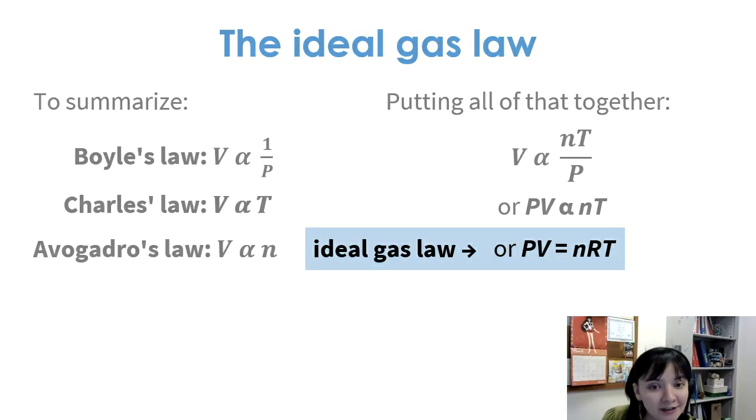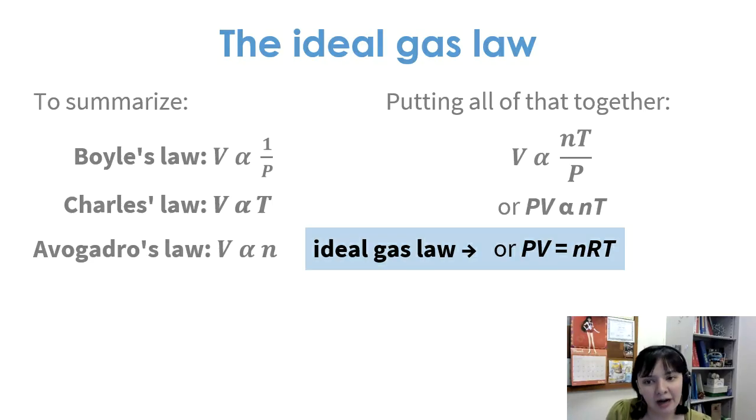It's really the all-encompassing law that holds within it Boyle's law, Charles's law, and Avogadro's law. Those previous laws are still held true. We still have these relationships between volume and temperature and volume and pressure and all of that. It's just more neatly packaged in our ideal gas law equation.